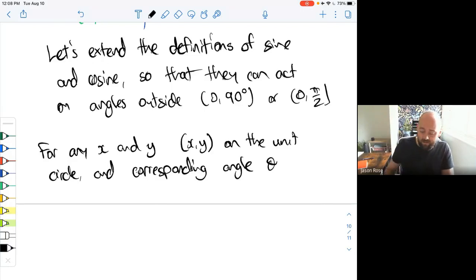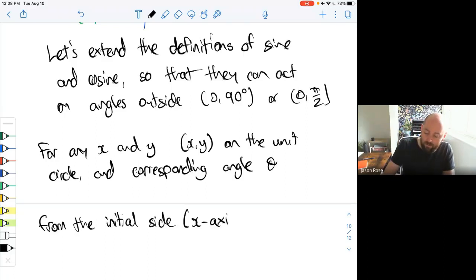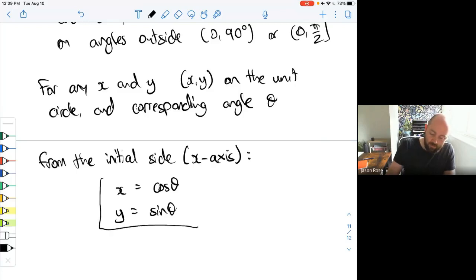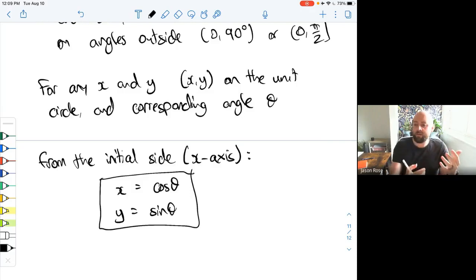Corresponding angle theta from the initial side, or x-axis, which is what we're going to be using. What we're saying then is that the x is equal to cosine theta and the y is equal to sine theta. Okay? That is how it changes. We build something that is still consistent with our original idea, but extends it to something better, something bigger.